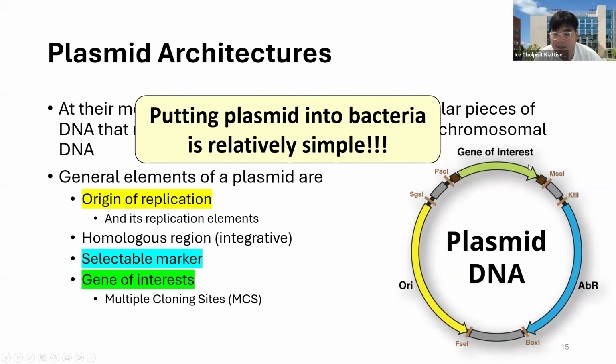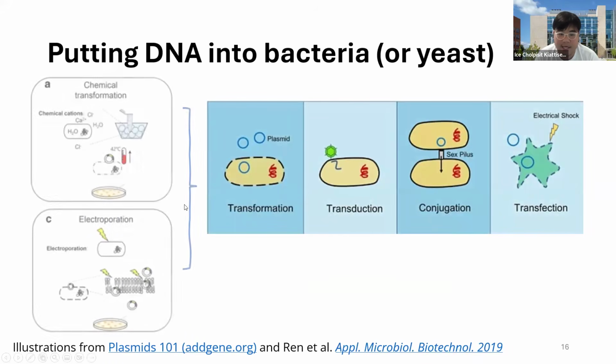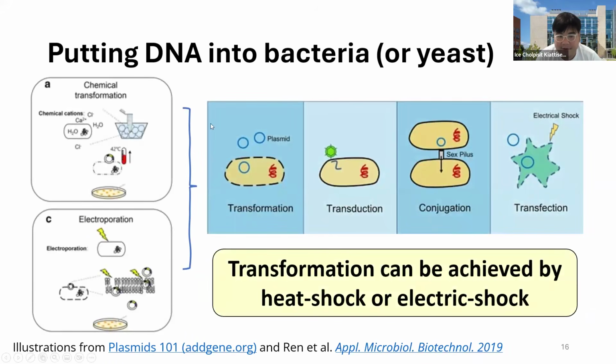All right. The thing about plasmids is that putting a plasmid into bacteria is a relatively simple process. It could be done in several different ways. But what we have been doing so far is usually the transformation process, which can involve either chemical transformation or electroporation.